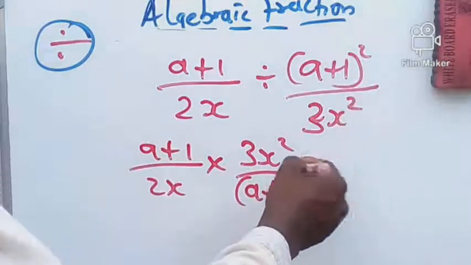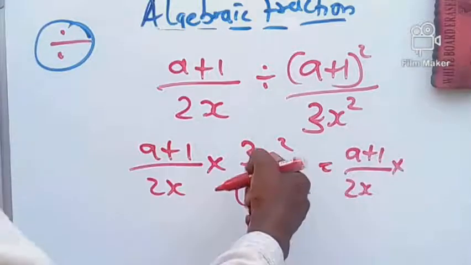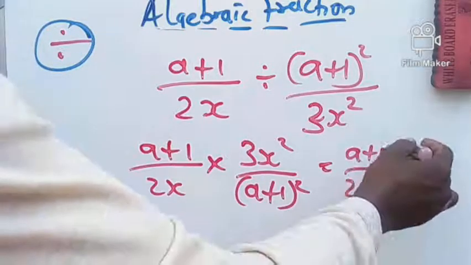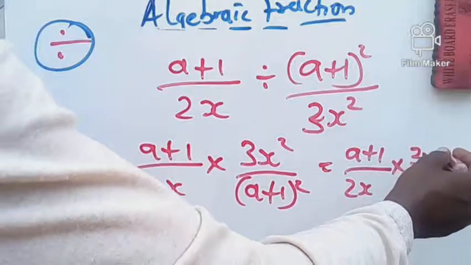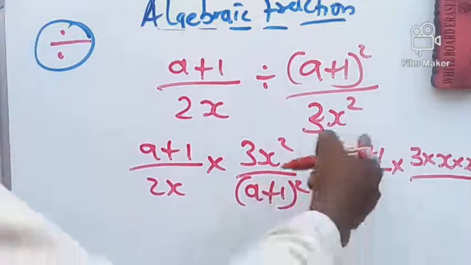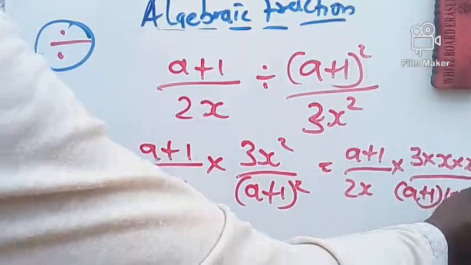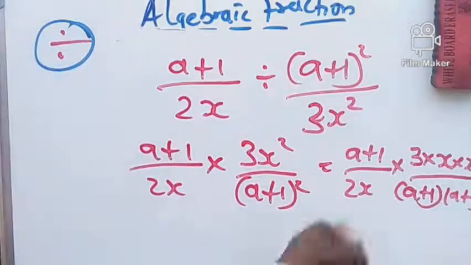So this can be expanded as a plus 1 over 2x multiplied by 3x squared, which is the same thing as 3 multiplied by x multiplied by x, divided by a plus 1 squared, which means a plus 1 multiplied 2 times. So in that case, we can see what can cancel.